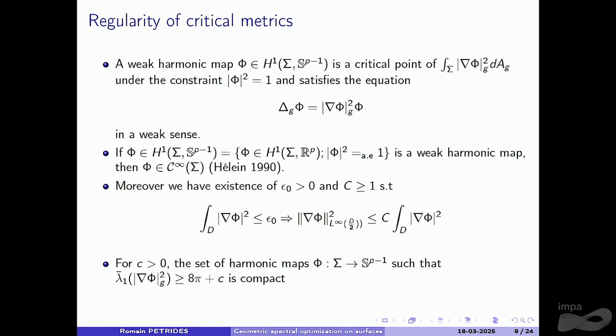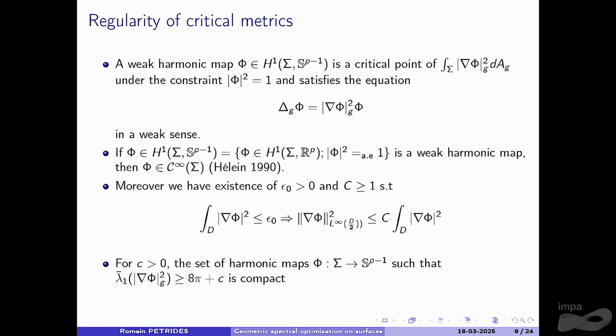And okay, it was a bit technical to explain that, but you can think that if you have a functional, your favorite functional, the systolic functional, and if you have an Euler-Lagrange condition that gives you that the set of critical metrics is compact, or even the subset of maximal metrics is compact, then you can think of arguments that follow.